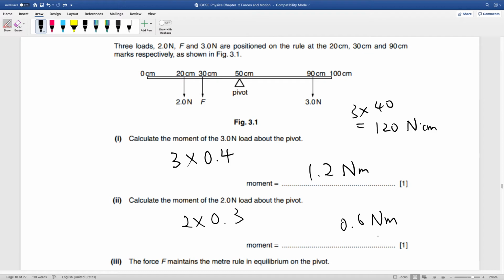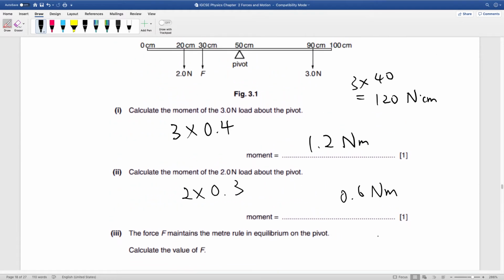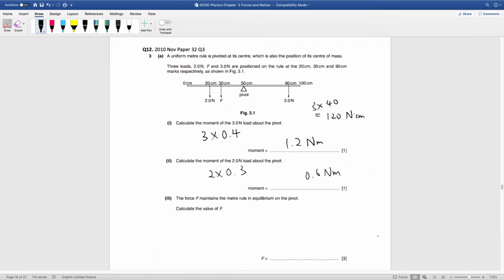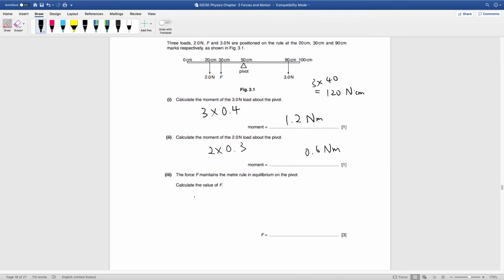Anti-clockwise. The 3 Newton force gives you the moment in the clockwise direction. So how can you find the value of F? Clockwise moment equals anti-clockwise moment. You don't need to write down this statement.